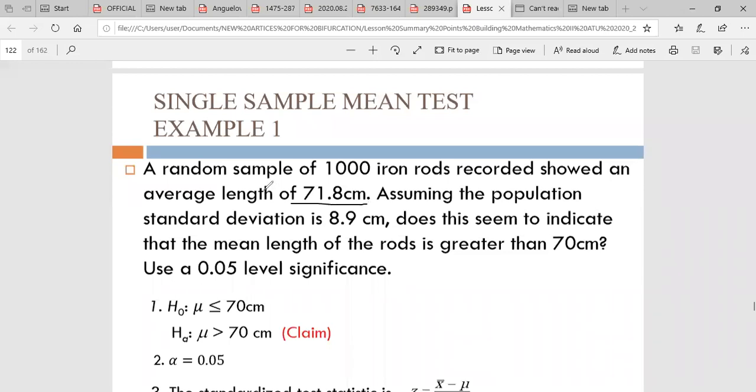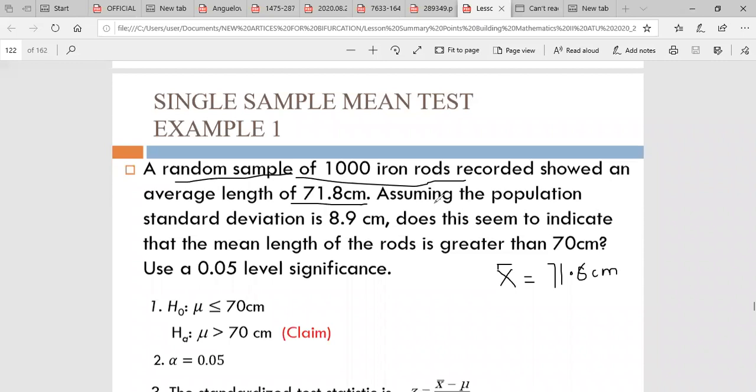So we are dealing with a sample. You need to read the question carefully. So a random sample of 1,000 iron rods showed an average length of 71.8. So our sample mean is the 71.8 centimeters. That is not a claim. That's a sample mean. Good.